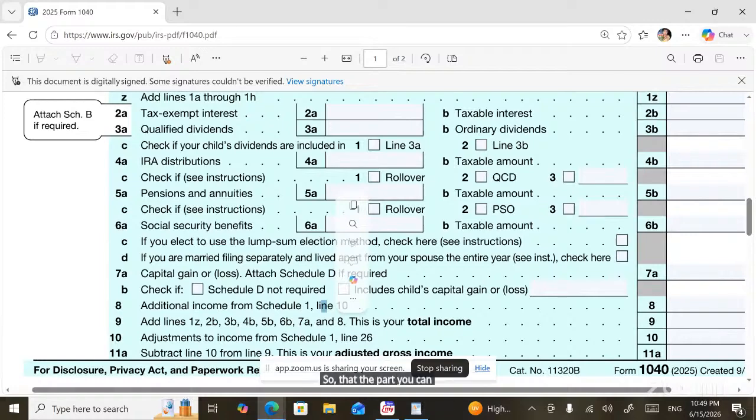Suppose our income is say 10 lakh. You need not pay tax on the entire 10 lakh. Some deductions are allowed in the name of adjustments. So these adjustments are taken from schedule number 1, part number 2.